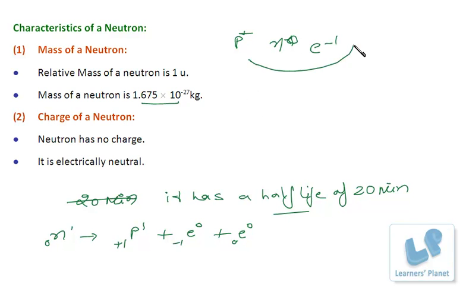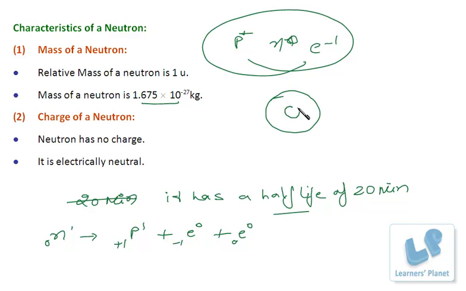Now, how are these particles present together in such a small atom? What is the arrangement of these particles that makes an atom electrically neutral and also stable? So different models were proposed by the scientists. Thomson was one of them, Rutherford proposed his model, and also the Bohr model of atom. In the next session, we'll be discussing the Thomson model of atom.